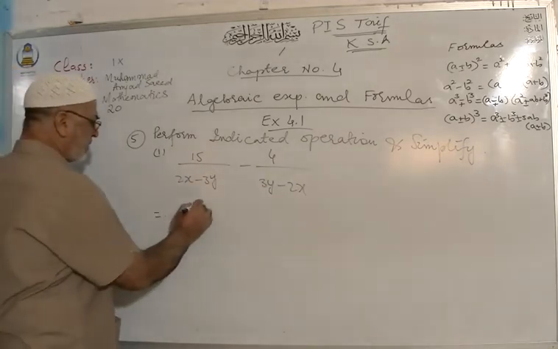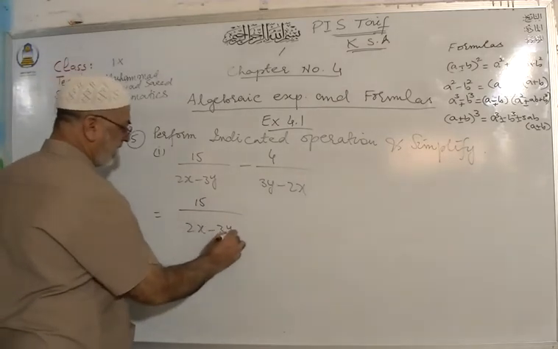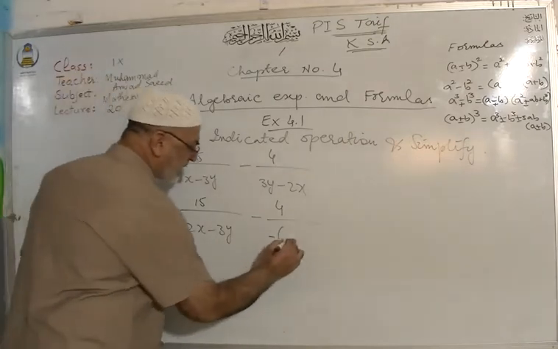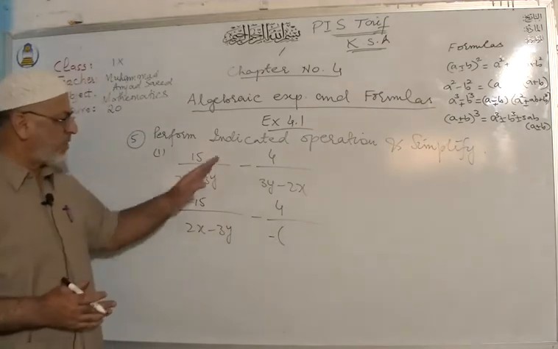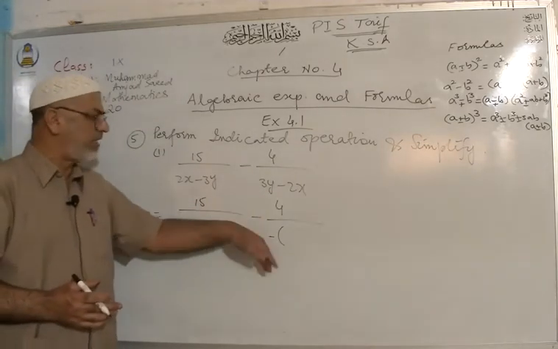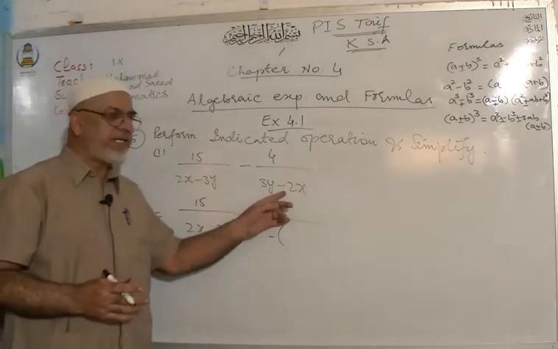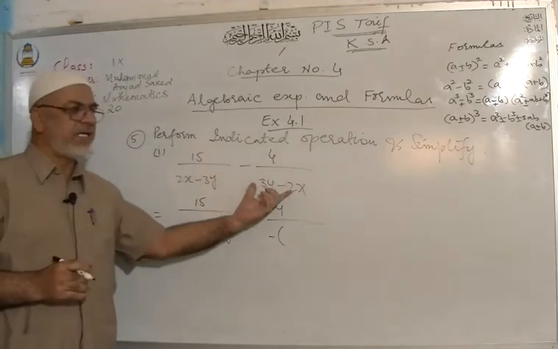It's very easy to convert into the same signs by taking minus common. Remember that I am taking minus common, so the internal sign will change. Minus multiplied inside, the sign will change. Minus taken out common, the sign will change.